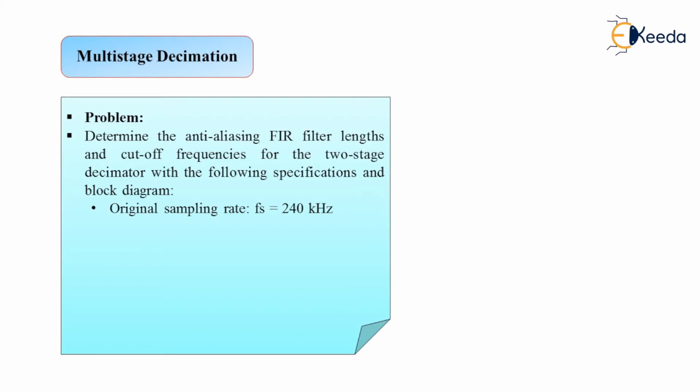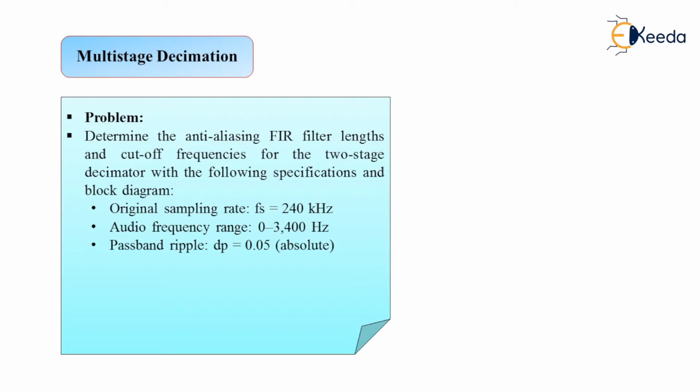Original sampling rate, denoted by fs, the value is 240 kilohertz, whereas audio frequency range is 0 to 3400 hertz. Next to that we have the ripple value of passband, denoted by del P, that is equal to 0.05. Here it is the absolute value.